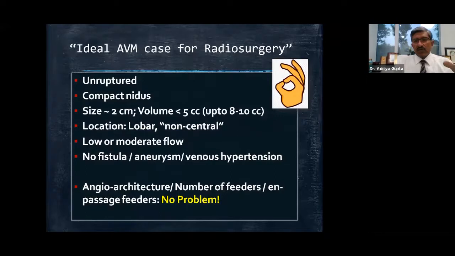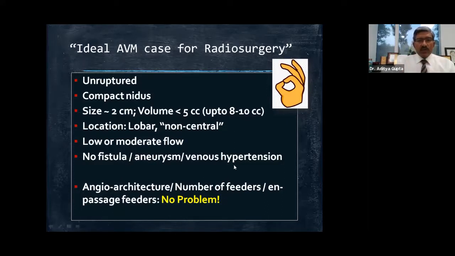It does not have irregularities in the contour. The ideal size would be around 2 centimeters in diameter, volume less than 5 cc's, location lobar rather than in the brainstem or the thalamus, low or moderate flow, and no fistula or aneurysm or significant venous hypertension visible on the DSA images.